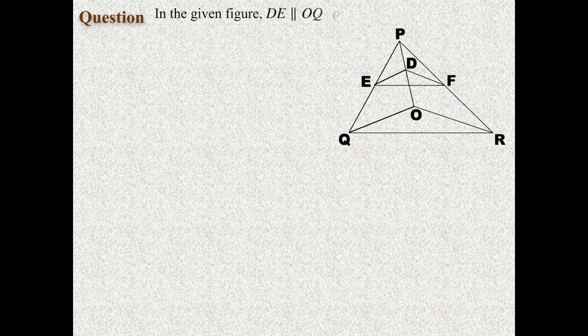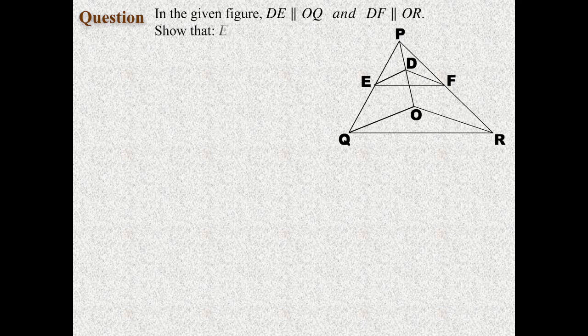Now let us see how we can apply the converse of the basic proportionality theorem in various different questions. The first question says that in the given figure, DE is parallel to OQ and DF is parallel to OR.